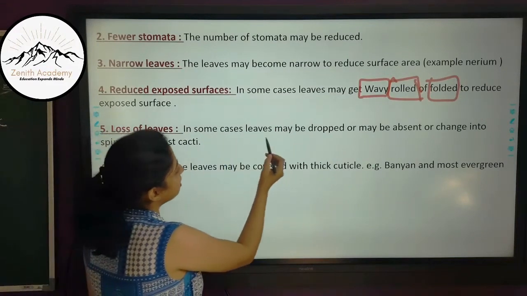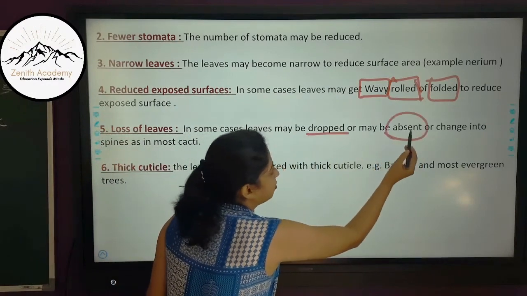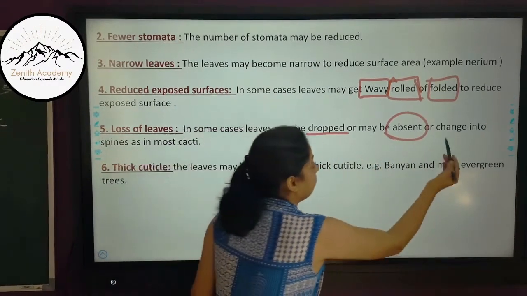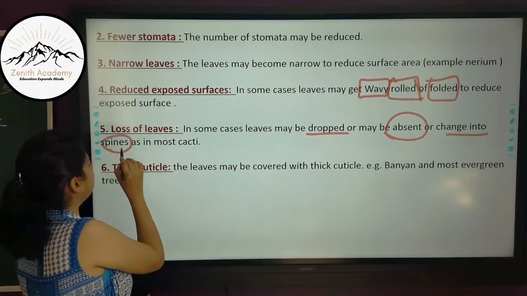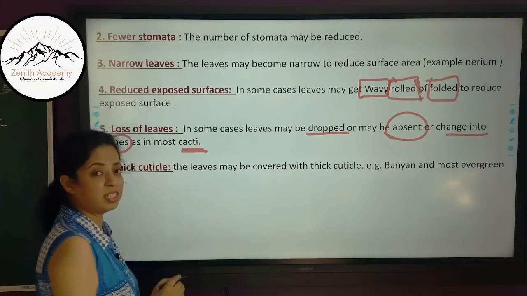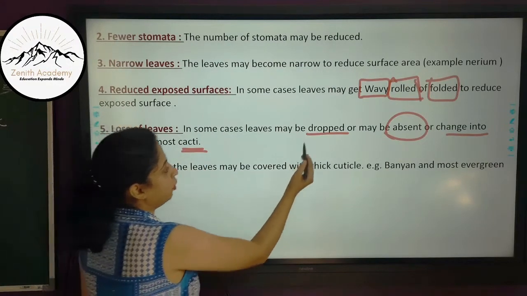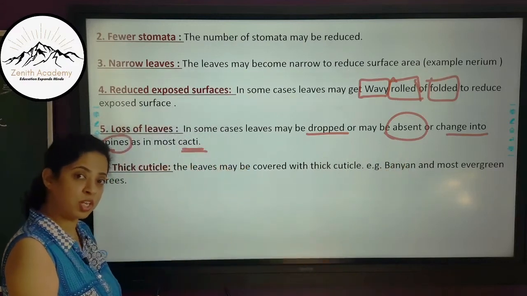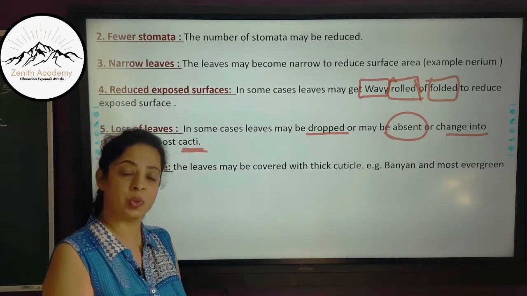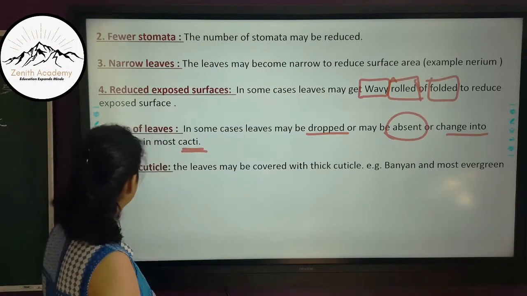In some cases the leaves may be dropped or absolutely absent, or you have seen that they change into spines as in cacti. Have you seen in cactus the leaves have reduced to spines? So the leaves may be dropped, absent, or change into spines as in most cacti to reduce transpiration, because we all know transpiration happens maximum through leaves.